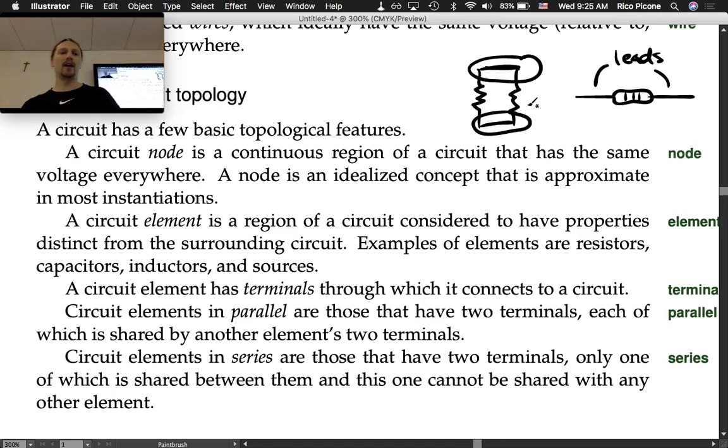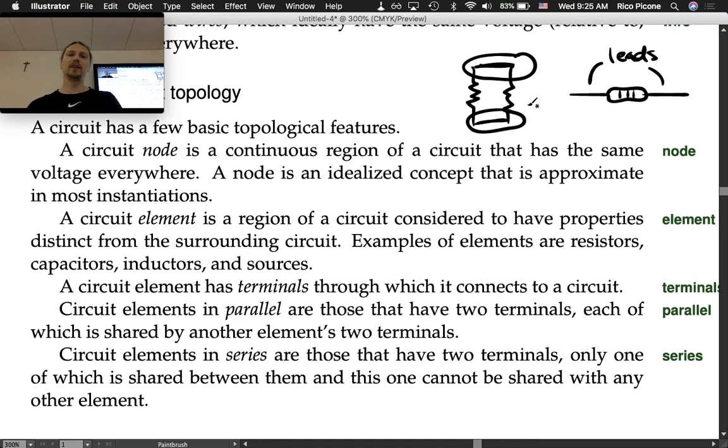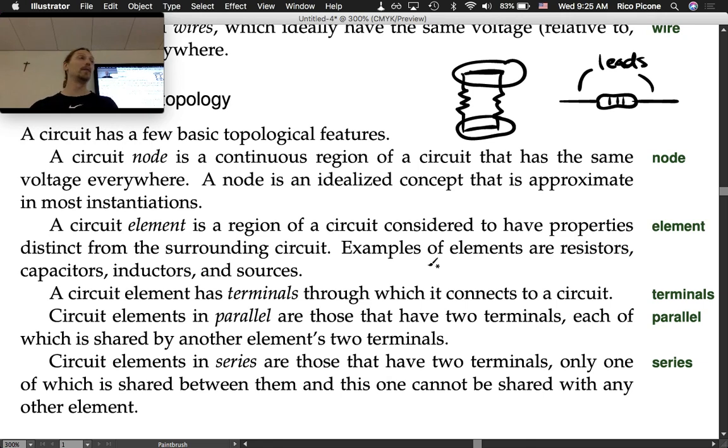A circuit element has terminals through which it connects to a circuit. It kind of sucks because there's a lot of terminology, and I don't want to confuse you, but I also want to give you all of the terminology that's used. Terminals is another name for something like this.